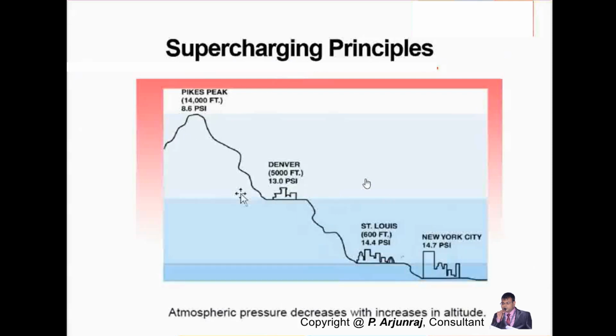You see here that when the altitude increases, these are some different samples. In New York City, you have 14.7 psi, and at another place, 600 feet higher, the pressure is reduced. At 5,000 feet, you have only 13 psi, and at 14,000 feet you get even lower pressure, which means atmospheric pressure decreases with increased altitude.